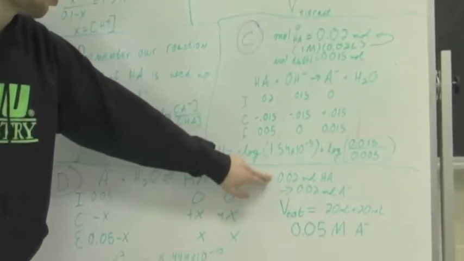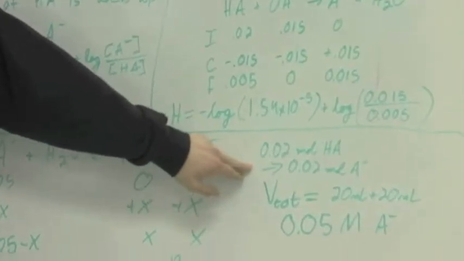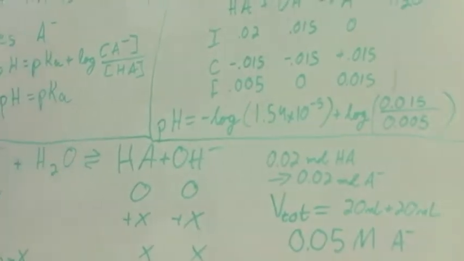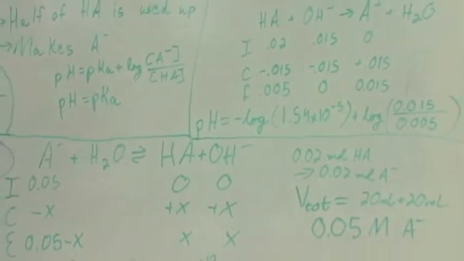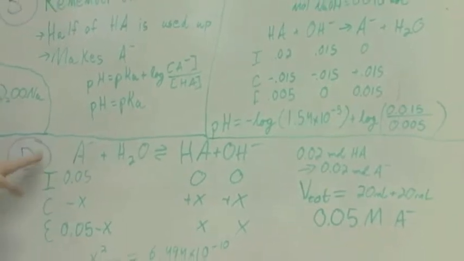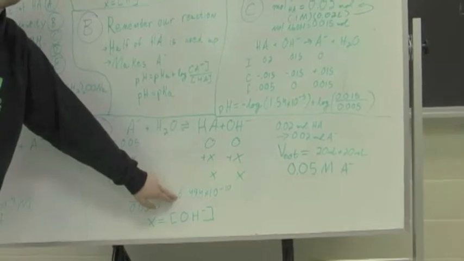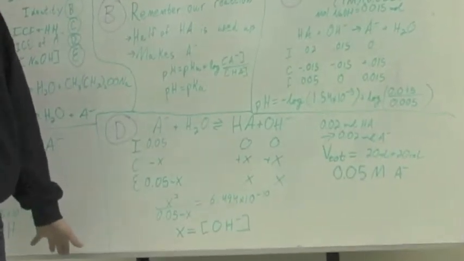So that 0.02 moles of conjugate acid that I started out with, that's the 0.02 moles of conjugate base that I have right now. I can go ahead then and treat this like a normal weak base problem. And I've done that for you. I plugged in all the numbers. I even found a Kb down here. That's where this number came from. So that part is pretty easy.